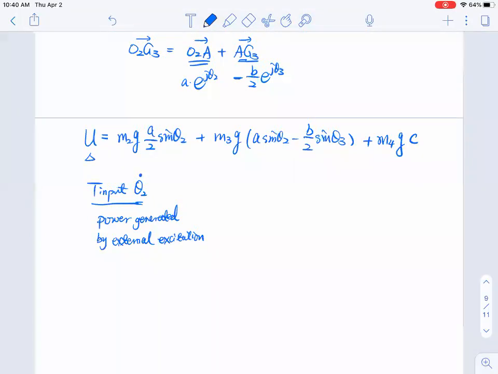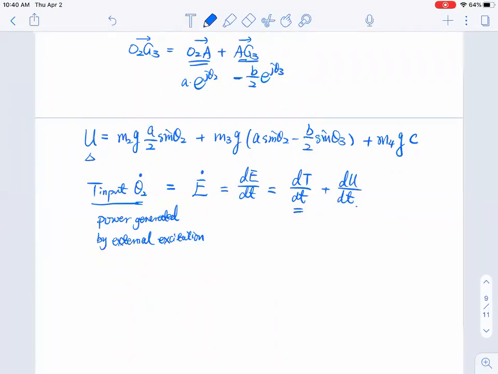So let's continue talking about these. Any power generated by external excitation is going to change the total energy in the system. So this power equals the changing rate of the total energy. So that means dE/dt, that's the changing rate. The kinetic energy is changing, the potential energy is also changing, right?